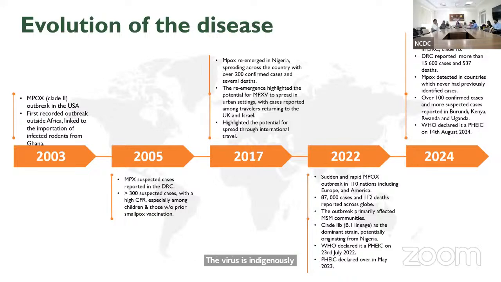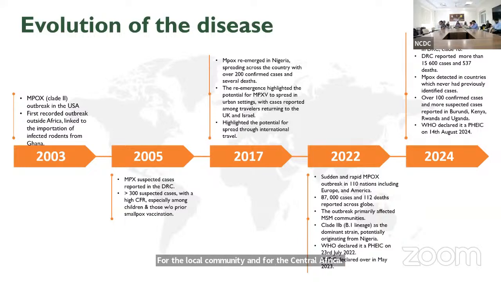And then in 2005, an Mpox suspected case was again reported in DRC, and more than 300 suspected cases with a high case fatality rate, especially among children and those without a history of prior smallpox vaccination. So this was again an alert for the local community and for Central Africa.